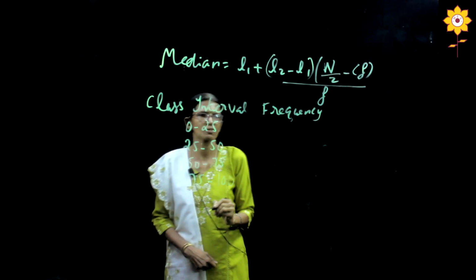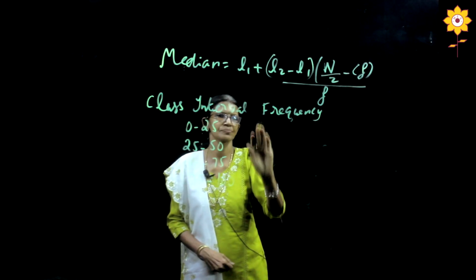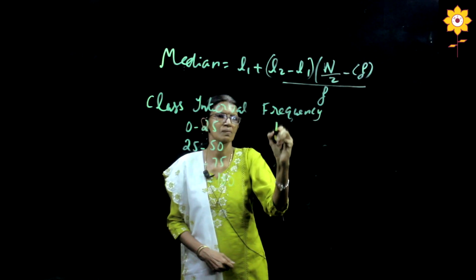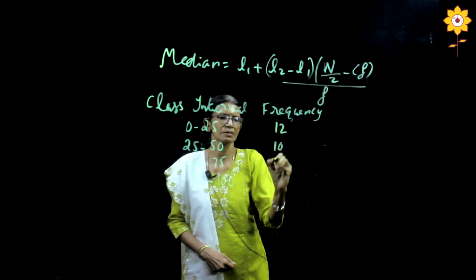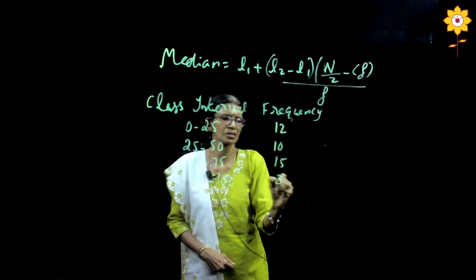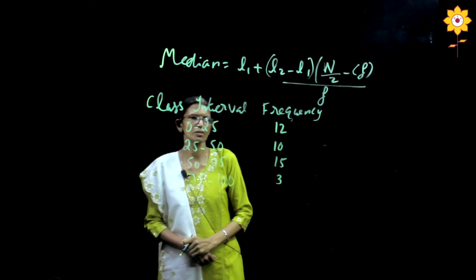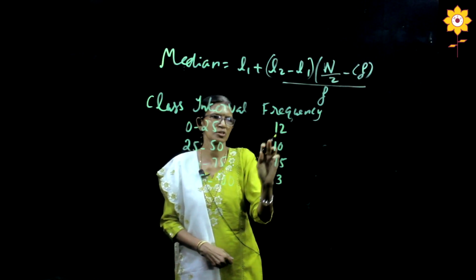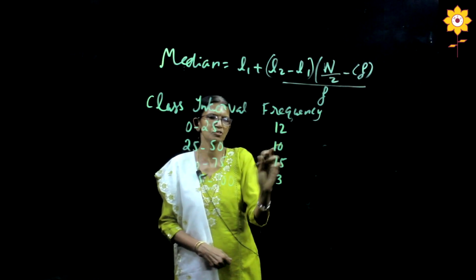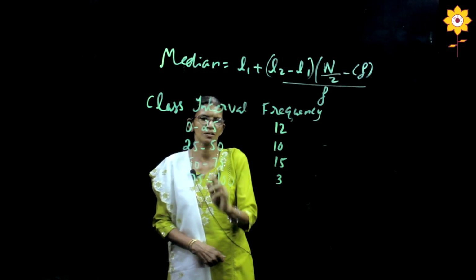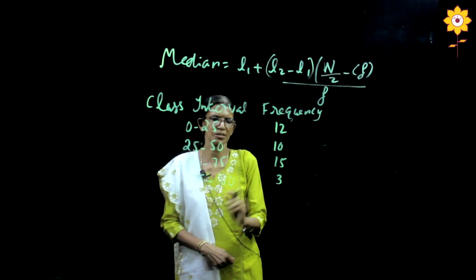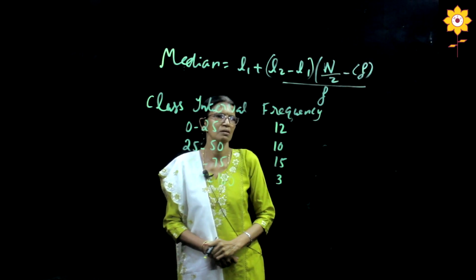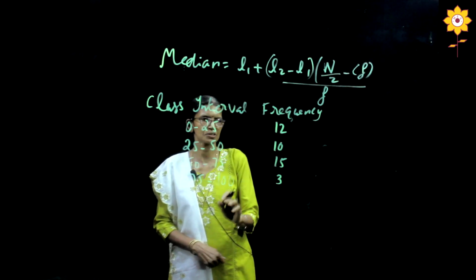And the frequencies are given like this: 12, 10, 15 and 3. This is the data given. For the class interval 0 to 25, frequency is 12, 25 to 50, frequency is 10, 50 to 75 it is 15 and 75 to 100 it is 3. Now we have to find the median of this data.